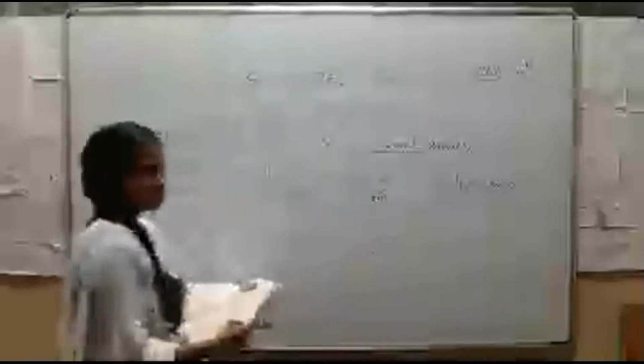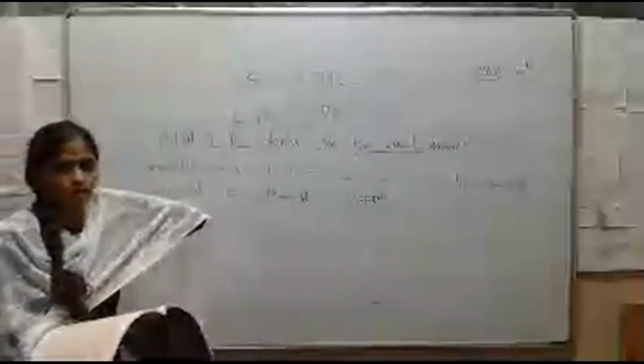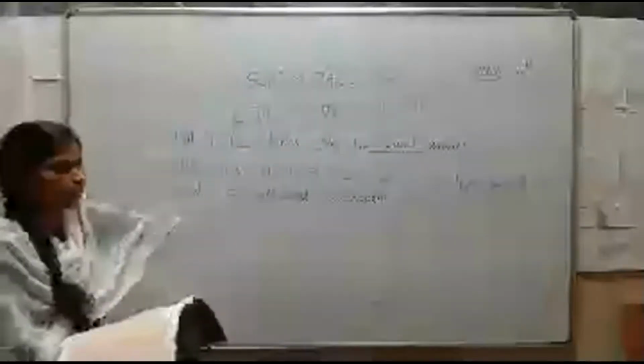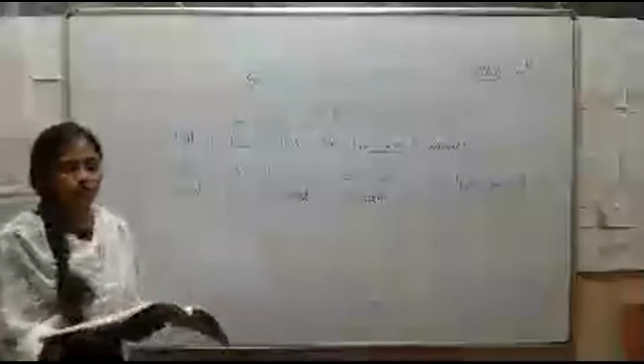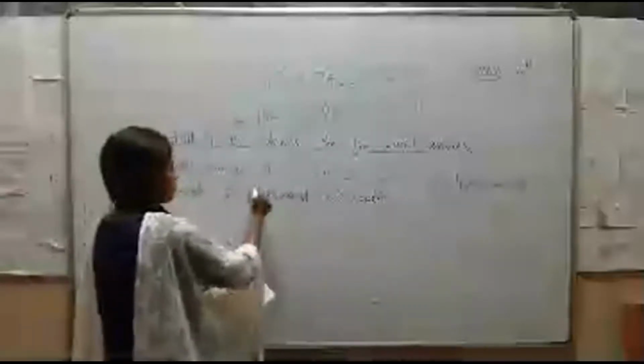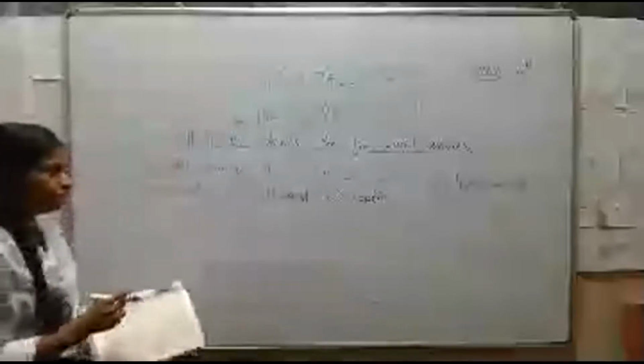So which is the right answer? In your previous class I told you to what location the Aravalli ranges are located. Yes, the second one is the right answer. Southeast is the right answer. To the southeast the Aravalli lies.